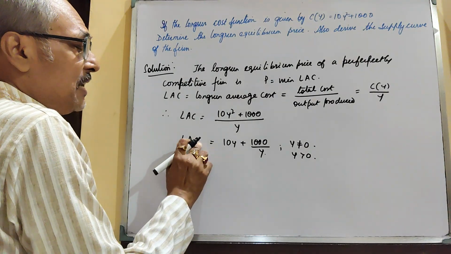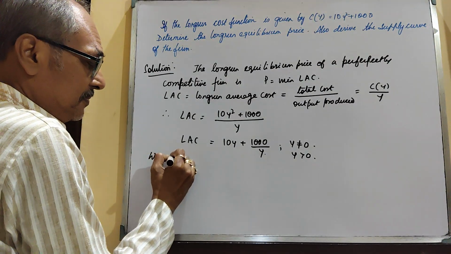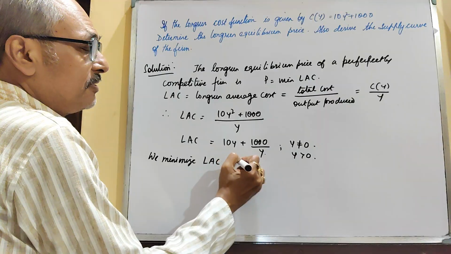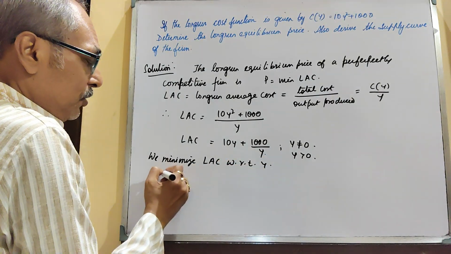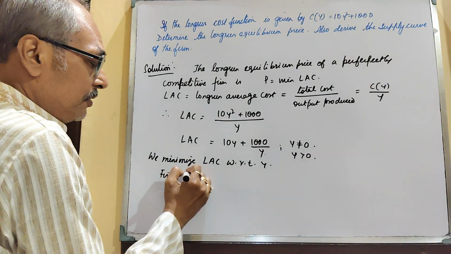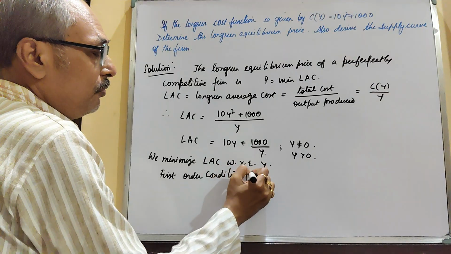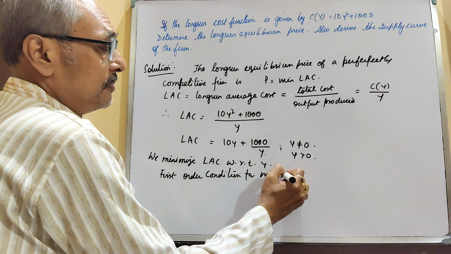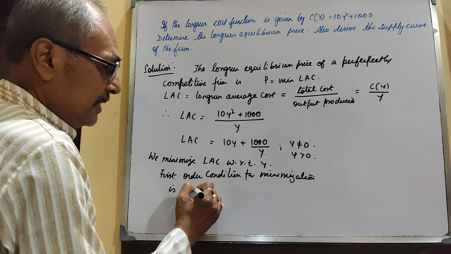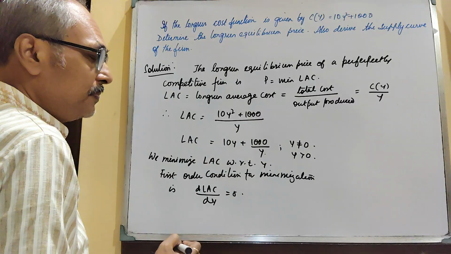Now we minimize LAC with respect to y. So the first order condition for minimization is dLAC by dy equals 0.